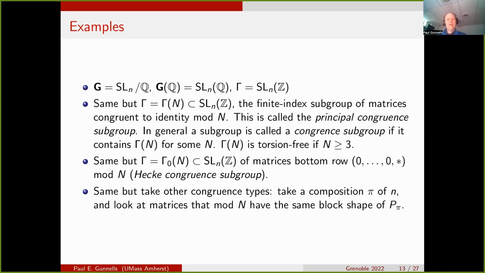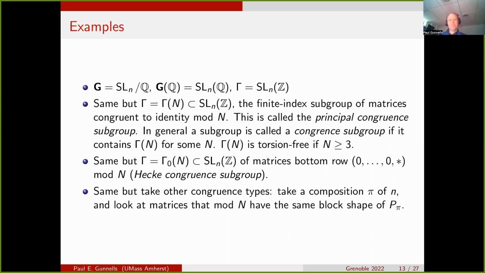To get more examples, let's talk about what's called a congruence subgroup. I define Gamma(N), where big N is some integer, as the subgroup of SL_n(Z) of matrices congruent to the identity mod N. That is finite index because if you take the quotient of SL_n(Z) by Gamma(N), you wind up with the finite group SL_n with coefficients in Z mod NZ.